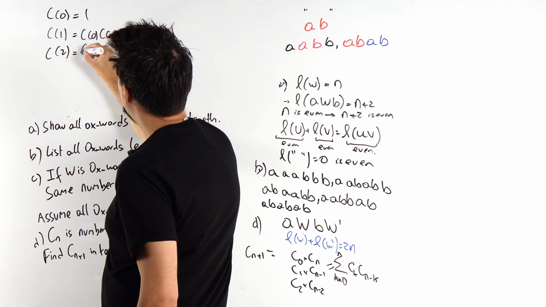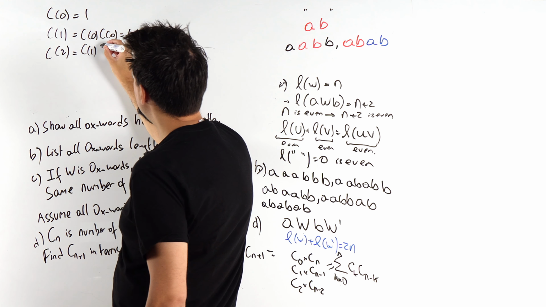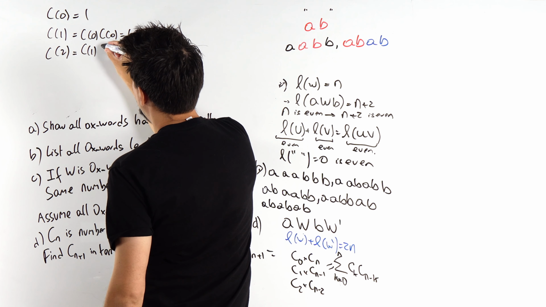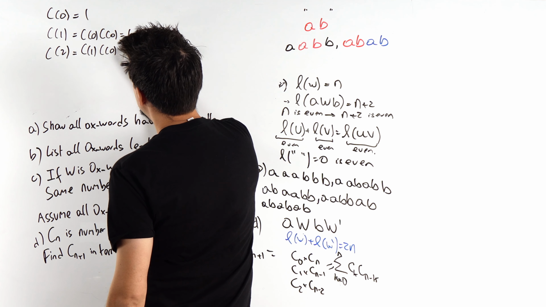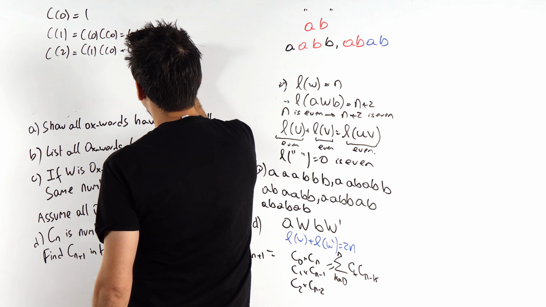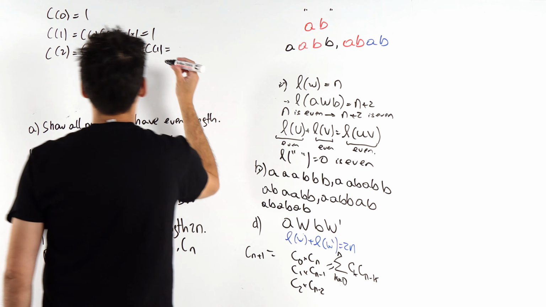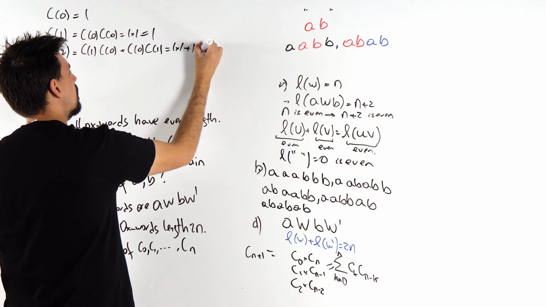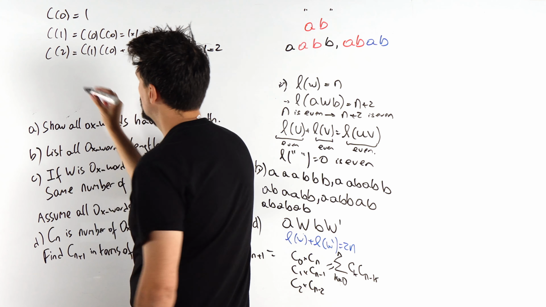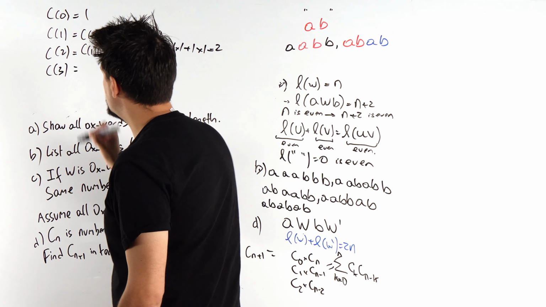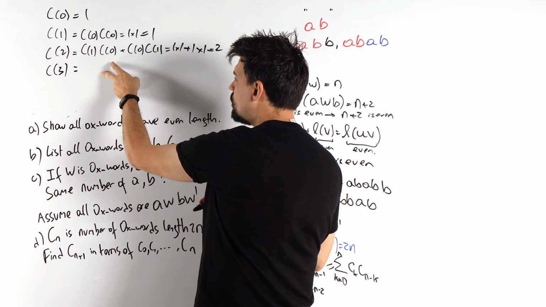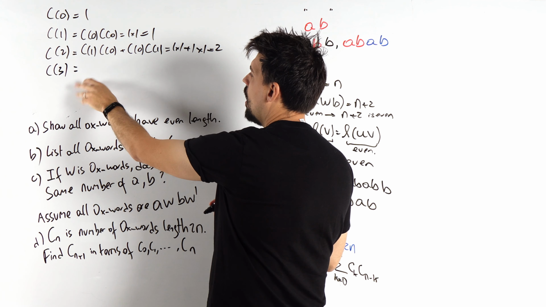C2. Well, I could have A, a length 1 word, B, a length 0 word, or I could have A, a length 0 word, B, a length 1 word, which is 1 times 1 plus 1 times 1, which is 2, which is what we got. Four-length words. Now, according to this, C3. So again, we drop it by 1 because of the A and the B, so the other two words add up to 2.